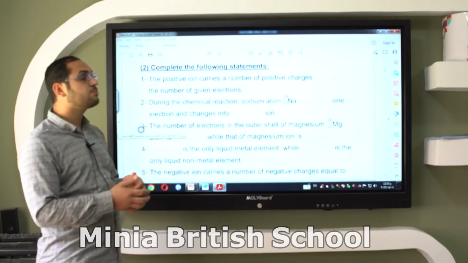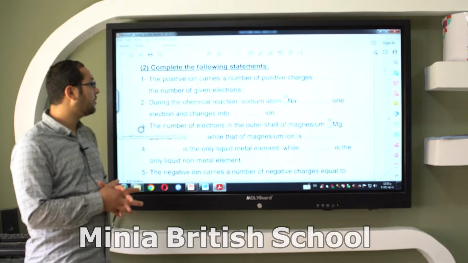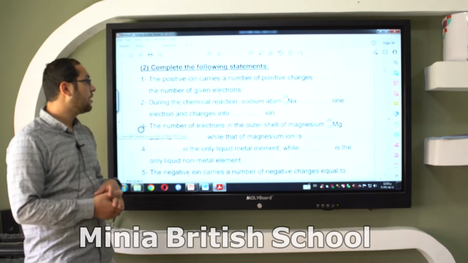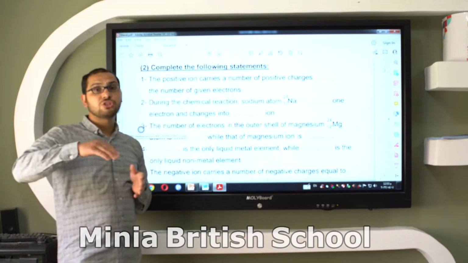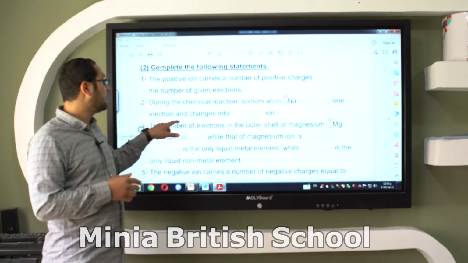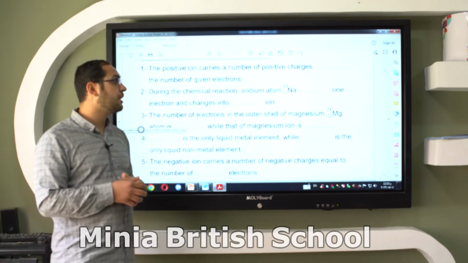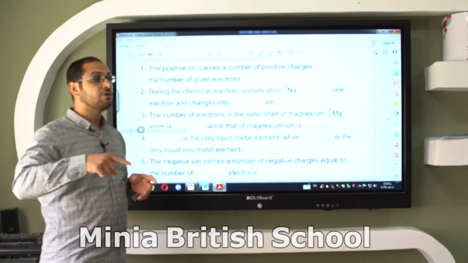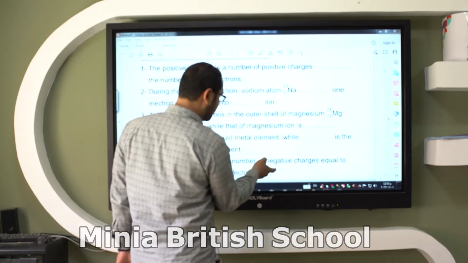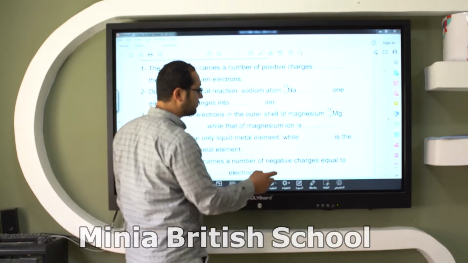Okay, let's move on to complete the following statements. Number 1, the positive ion carries a number of positive charges equal to the number of given electrons during the chemical reaction. What is the electron configuration of the sodium atom?